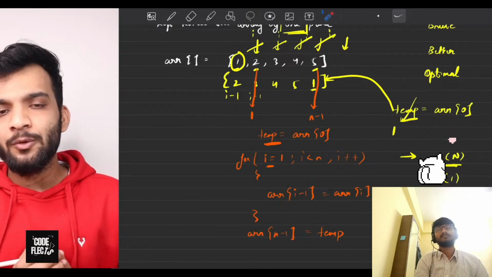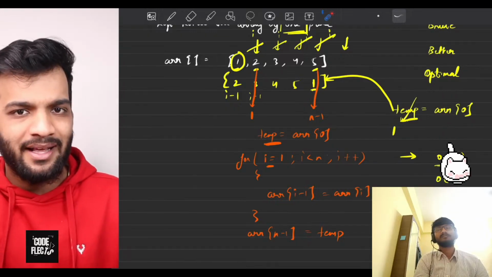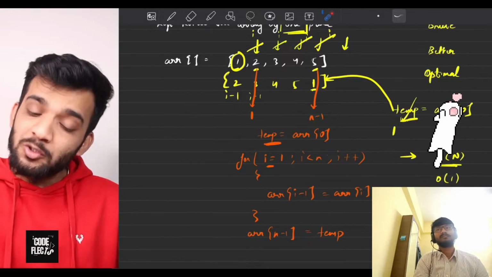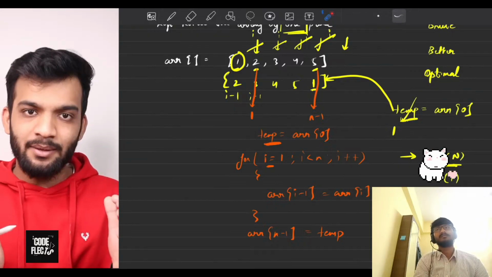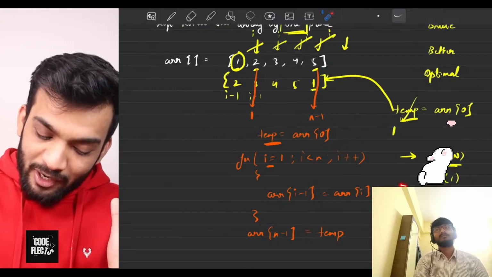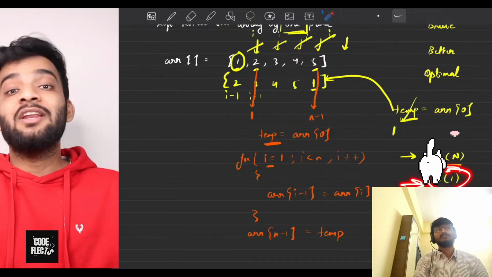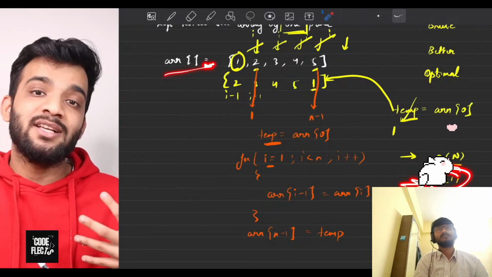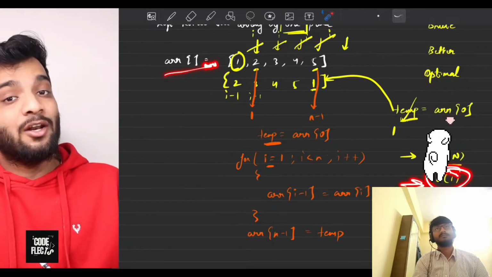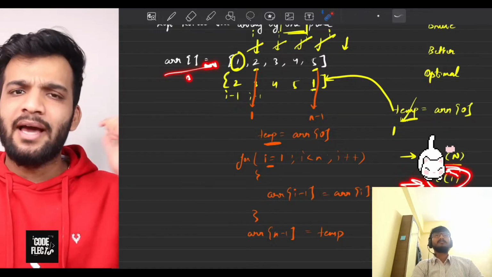Whenever you go to an interview, always clarify this. Tell them, sir or ma'am, the extra space that I'm using is big O of 1. But in order to solve this problem, I'm using this array. So if you have to take space into consideration for the algorithm particularly, I will say I'm using this array.